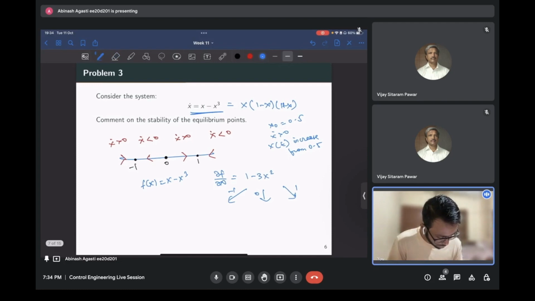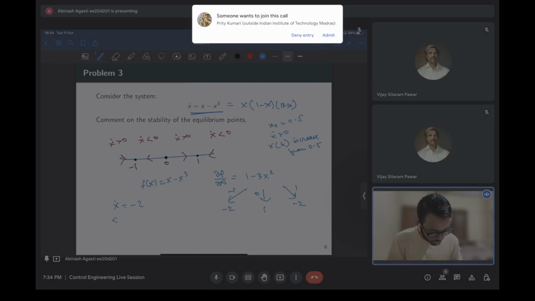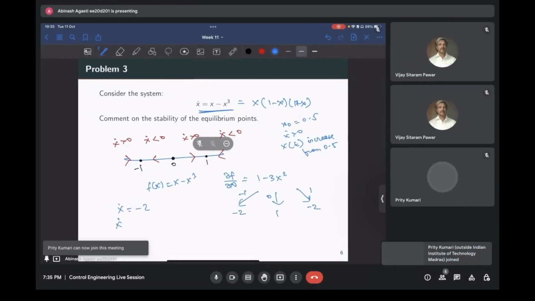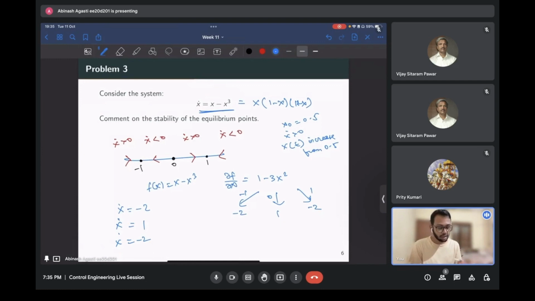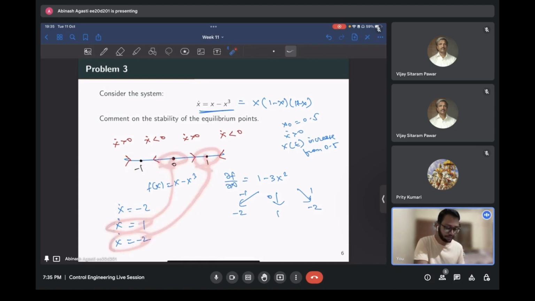At minus 1 and 1 this is minus 2, and at 0 this is 1. So x dot equal to minus 2x, x dot equal to x, and x dot equal to minus 2x. Around the equilibrium points, these are the three linearized systems. This system works around this one, this around this, and this around this.